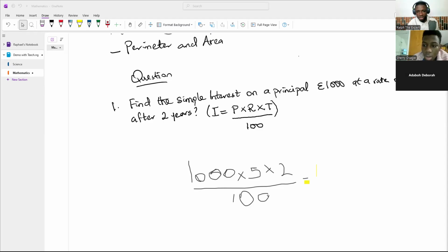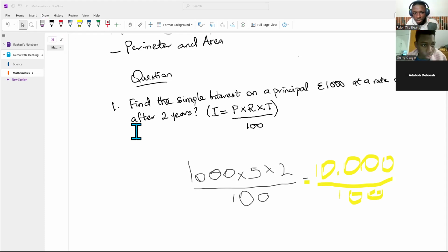So what's your final answer there? 10,000 over 100. Okay, that tool you picked was a highlighter. What you would want to pick is the pen with a pointed tip so that it's a bit clearer. Okay, but let's do it together.